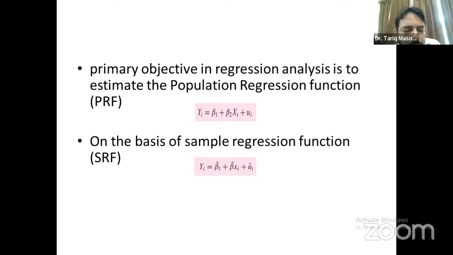Now tell me, why we cannot cover the whole population, why we deal with the sample. It is a very simple question, that why we deal with the sample, not with the population.